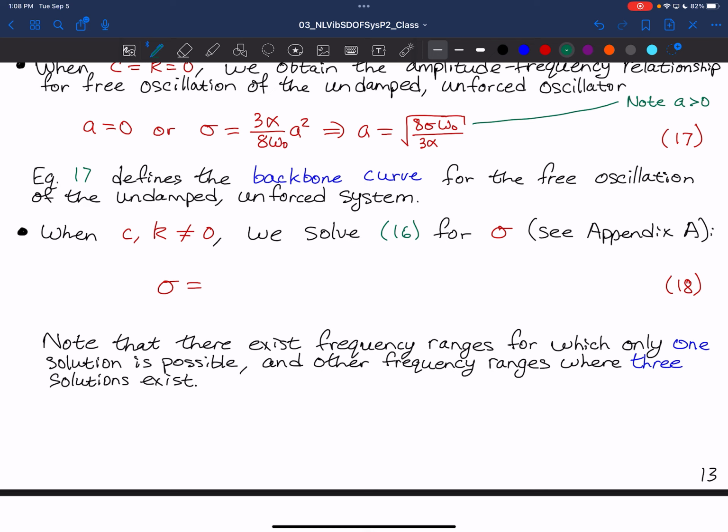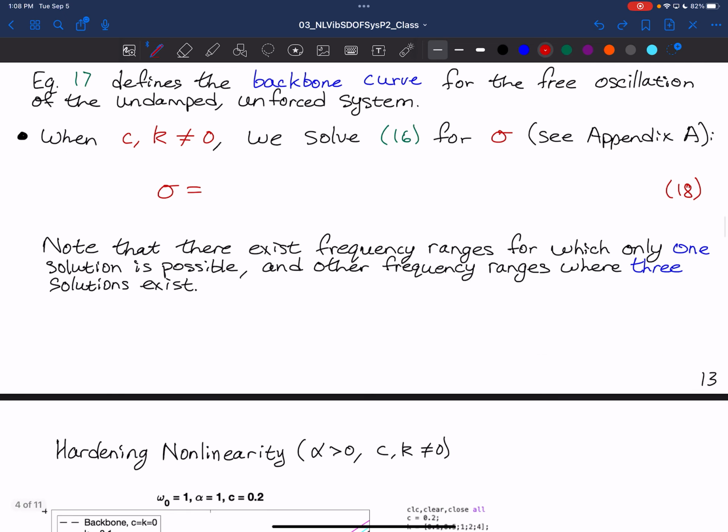And what you find is that sigma is equal to 3 alpha over 8 omega 0, times a squared, plus or minus the quantity k squared over 4 omega 0 squared a squared minus c squared. And that is our equation for sigma.